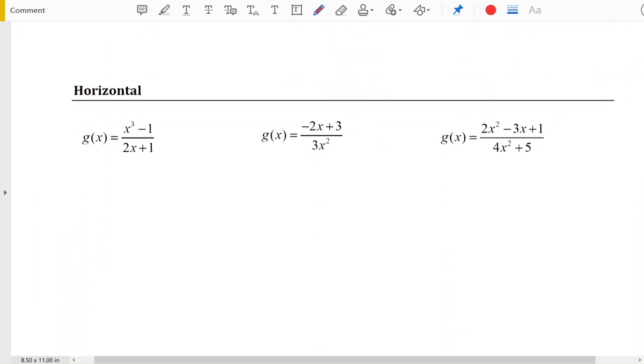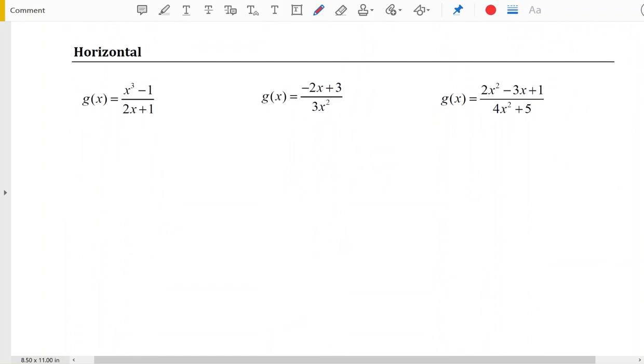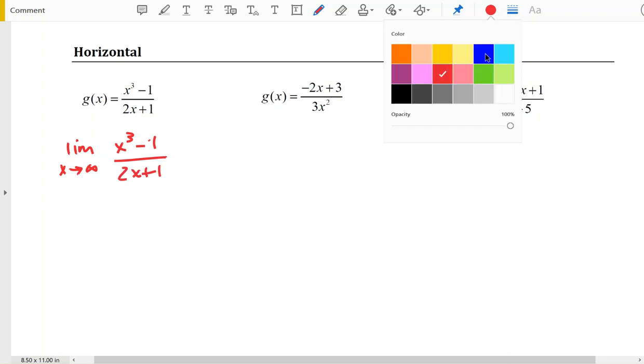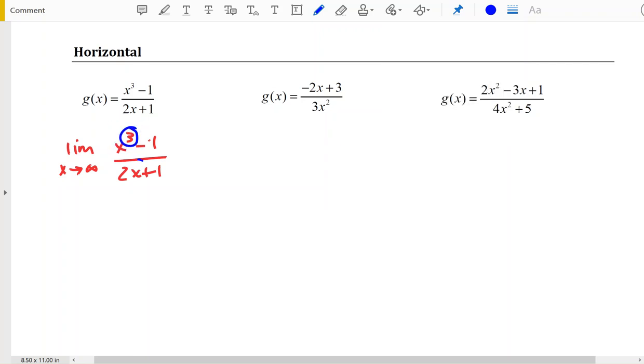Let's turn our attention to horizontal asymptotes. And as we said, horizontal asymptotes are based upon limits. And so we want to know the limit as x approaches infinity of our rational function. In this case, x cubed minus 1 over 2x plus 1. And we'll remember that all we care about are the highest degrees of our two different polynomials.